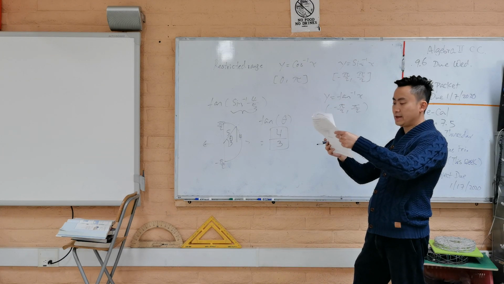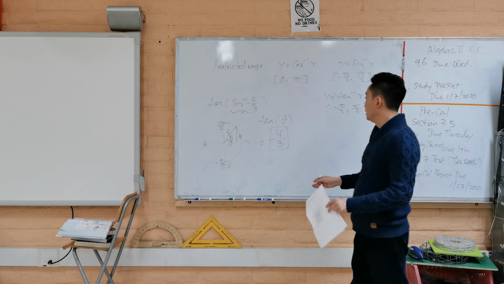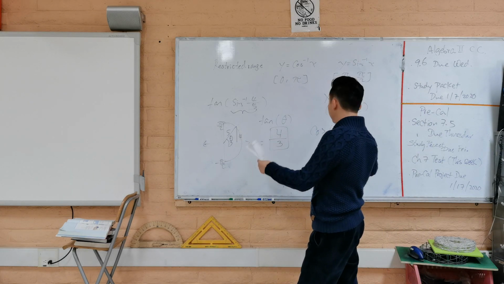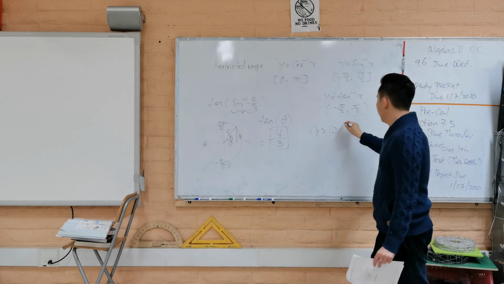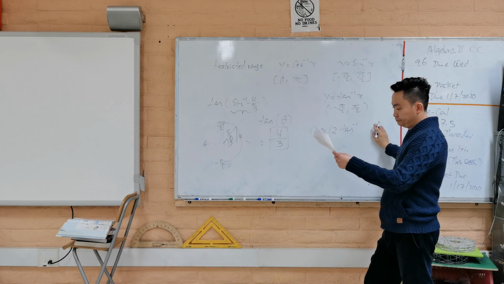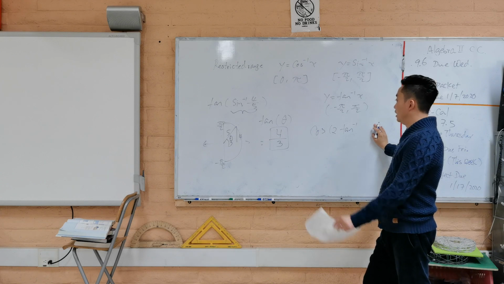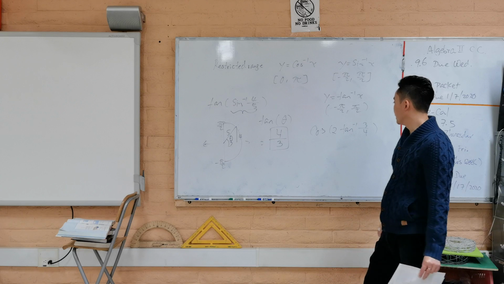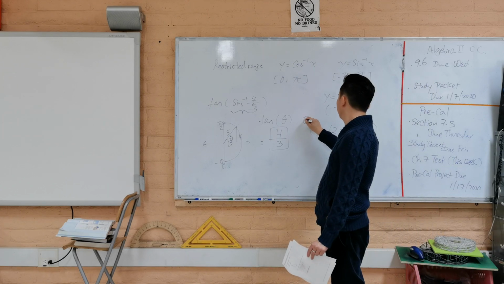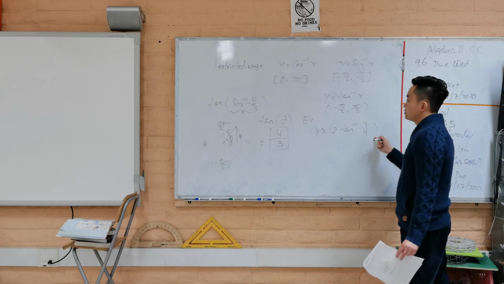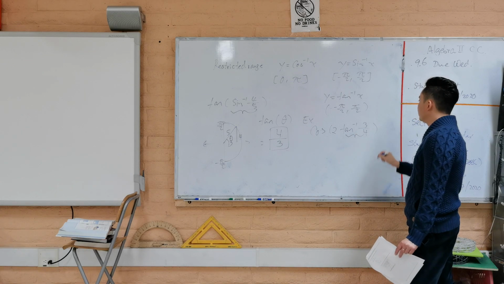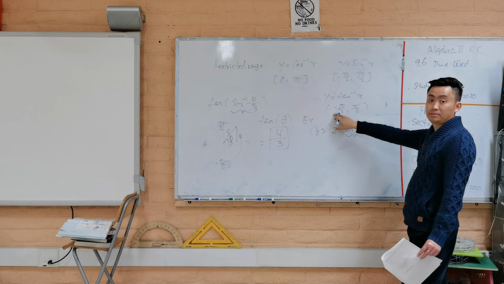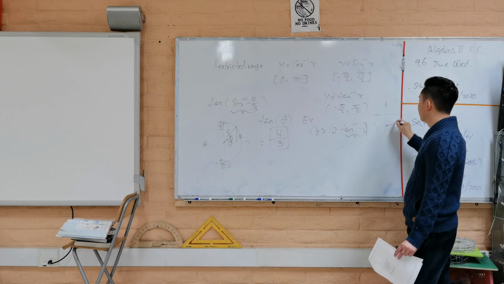Okay, so now let's do one that's a little bit more complicated. Let's say that we have cosine of 2 times inverse of tangent of, let's say, 3 over 4. So again, first thing that you want to find out is the restricted range of inverse of tangent, which is from negative pi over 2 to positive pi over 2.